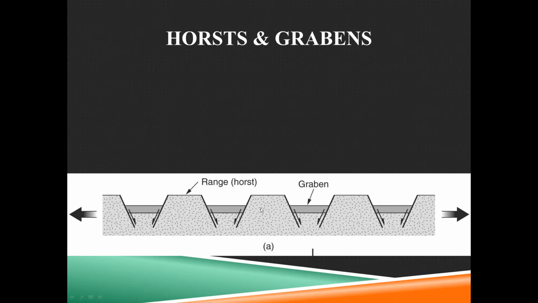So how do we remember which is which? Trying to remember which way the faults tilt isn't necessarily all that intuitive, but this is a little word game that I actually still use myself to make sure that I'm remembering these perfectly right, and I've been telling students this for years.